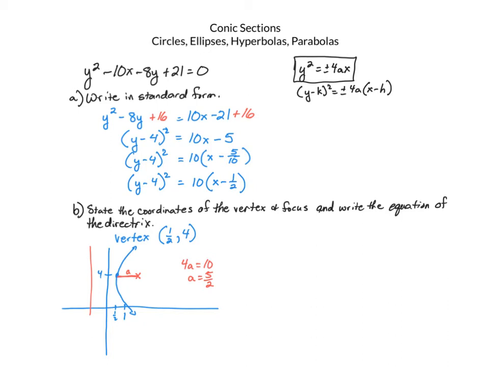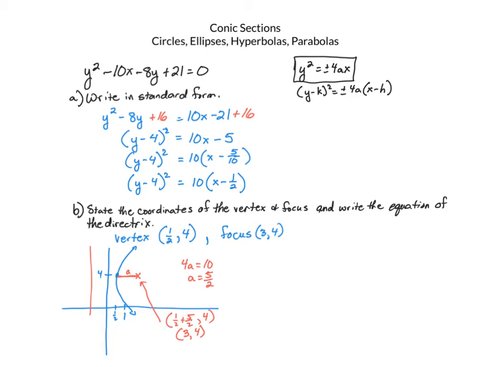So if I start at the vertex, that is at (1/2, 4), and I move to the right 2.5, that will put me at 3. So this point right here is at (1/2 + 5/2, 4), which is (3, 4). That's our focus. Now for the directrix, we go 2.5 to the left.